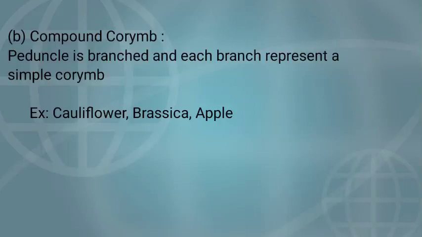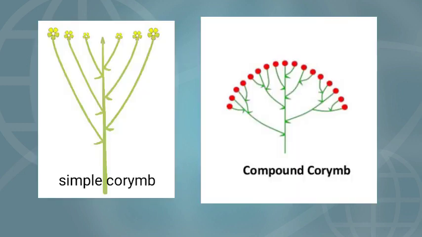Compound corymb: the peduncle is branched and each branch represents a simple corymb. Example: cauliflower, brassica or mustard and apple. Let's see the diagrammatic representation of simple corymb and compound corymb.